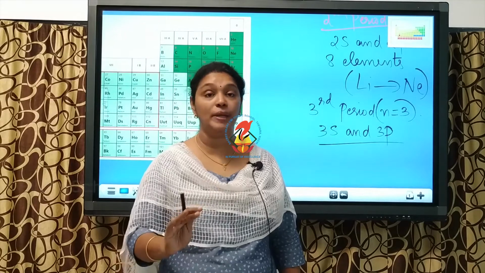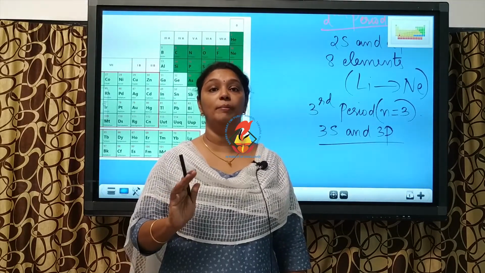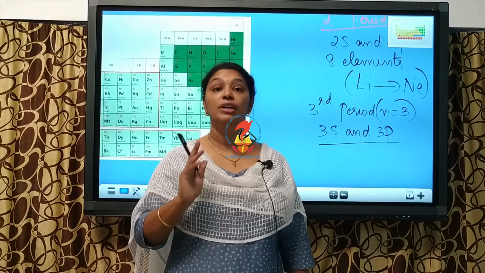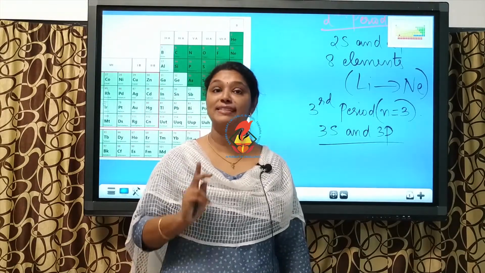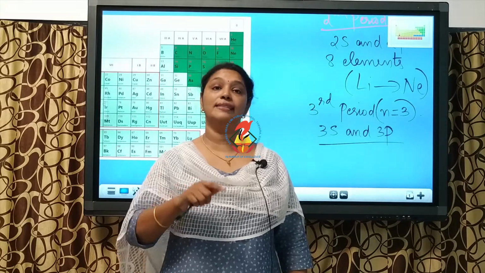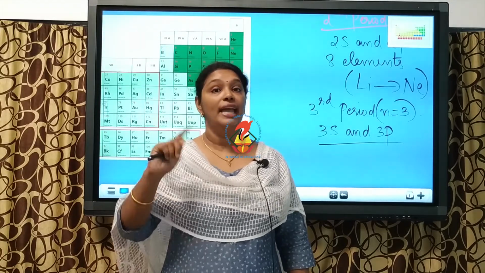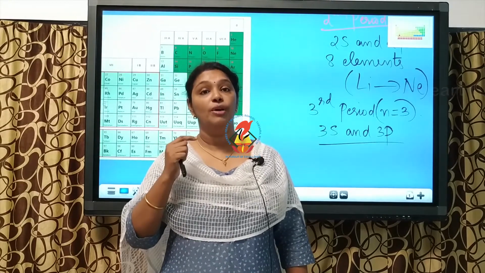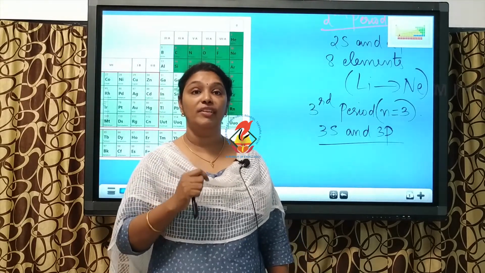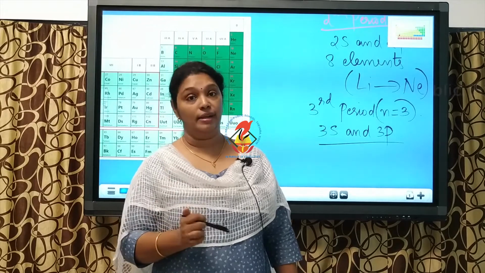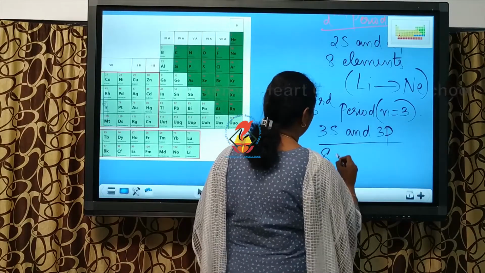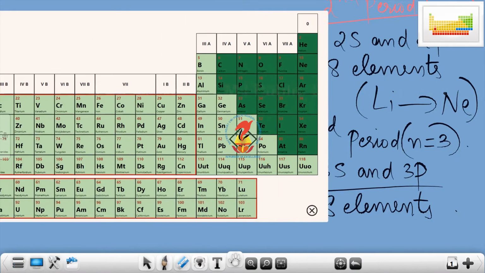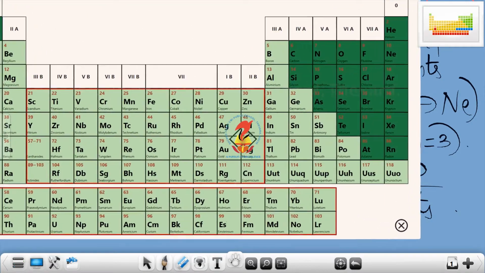So in the third period we have only 3s and 3p. You know 3s can accommodate 2 electrons and 3p can accommodate 6 electrons, so in total 8 electrons can enter the 3s and 3p orbitals. So again in the third period we have how many elements? 8 elements. Now look at the periodic table.